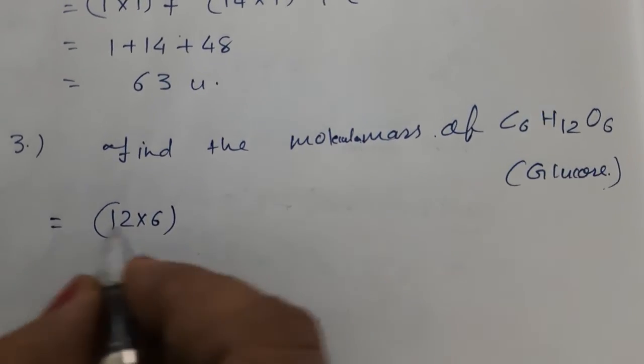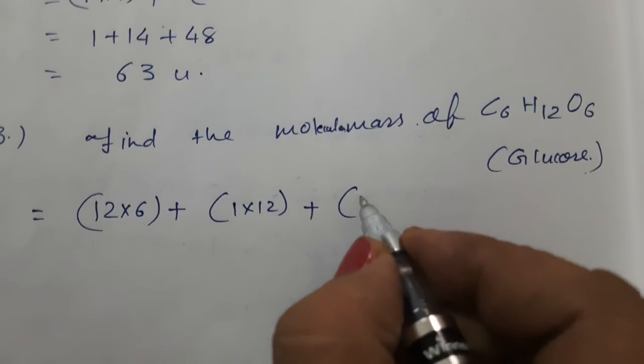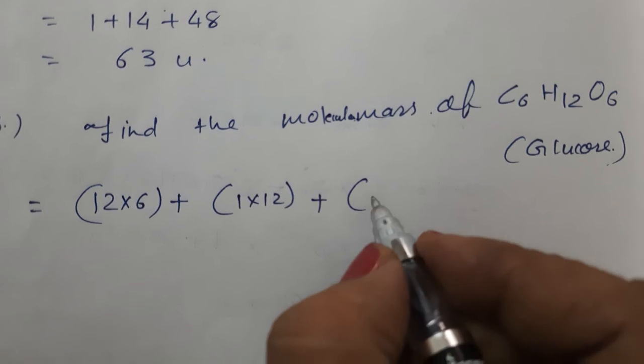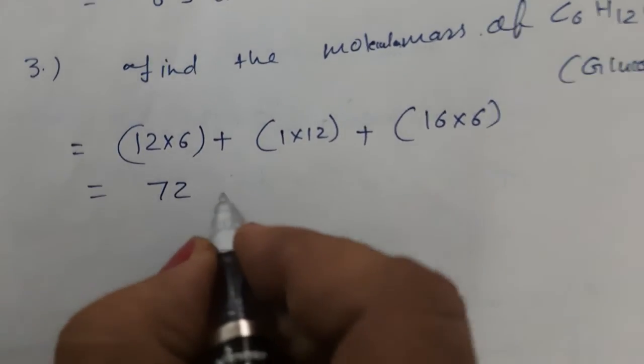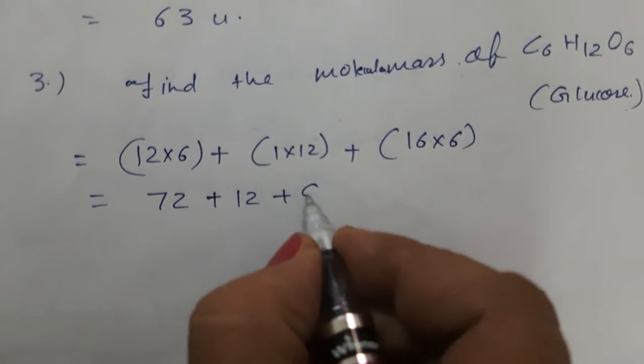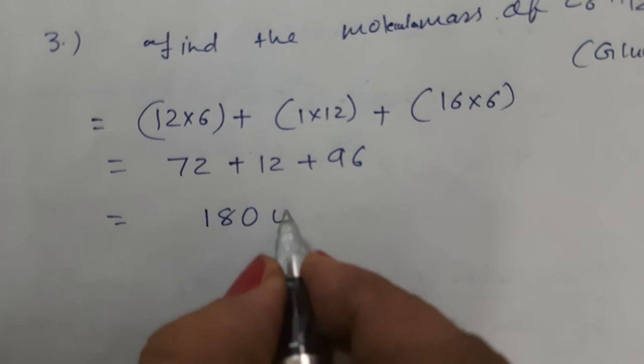Atomic mass we have to know, plus 1 into 12 plus 15.99 means 16, so 16 into 6. This is 12 into 6 is 72 plus 12 plus 16 into 6 is 96. So it is equal to 180 U.